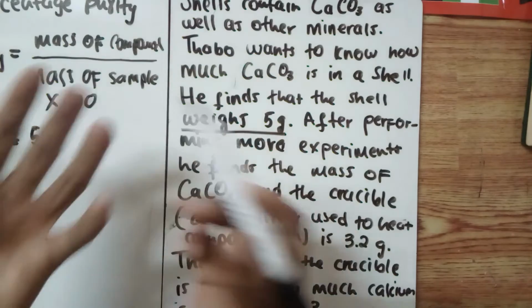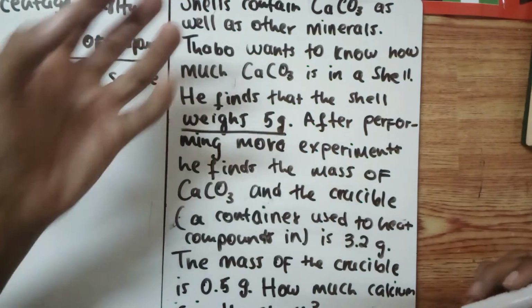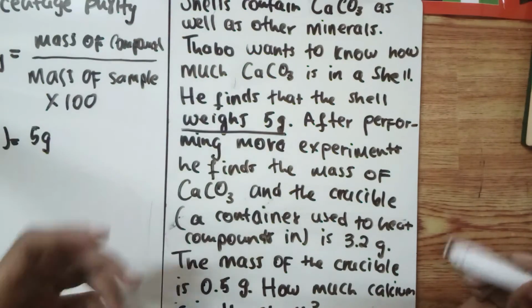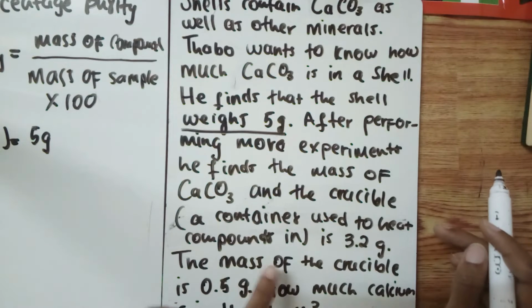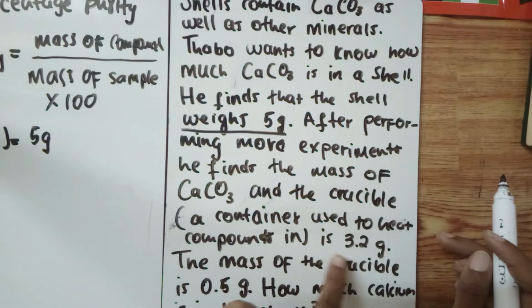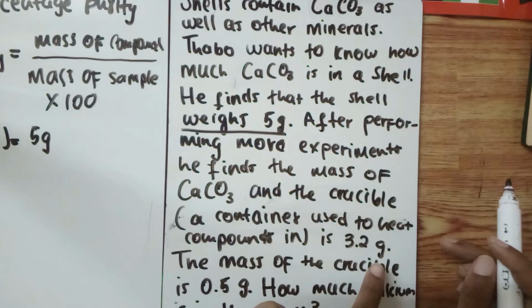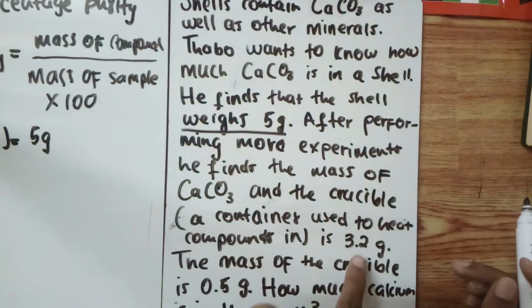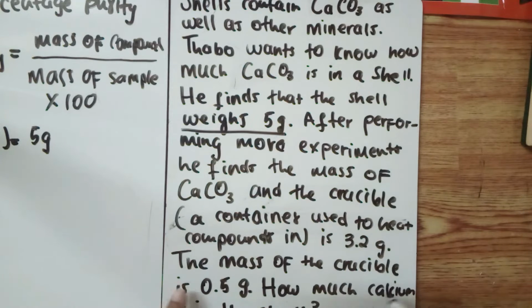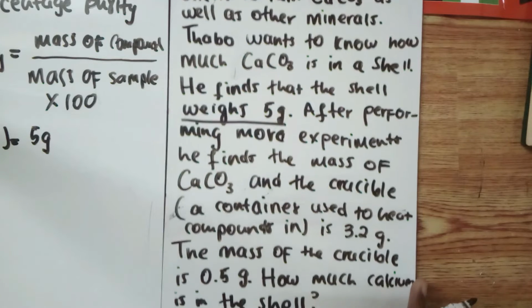The crucible is just a container that we use to heat samples or compounds in. And they say the mass of the crucible is 0.5.